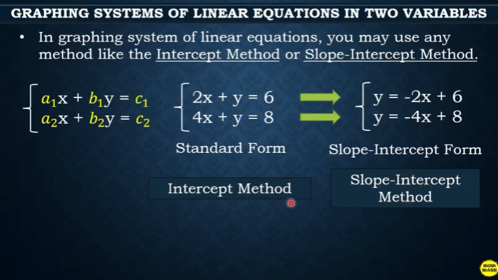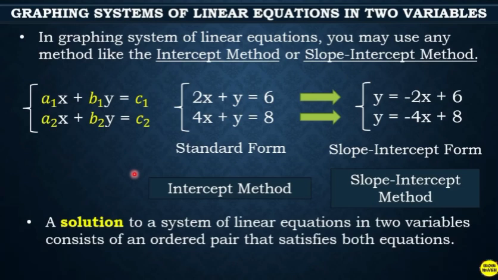Okay? So, this time, we're going to solve for the solution because the solution to a system of linear equations in two variables consists of an ordered pair that satisfies both equations. So, hindi na lang tayo nakafocus dito sa solution ng isang equation. Okay?